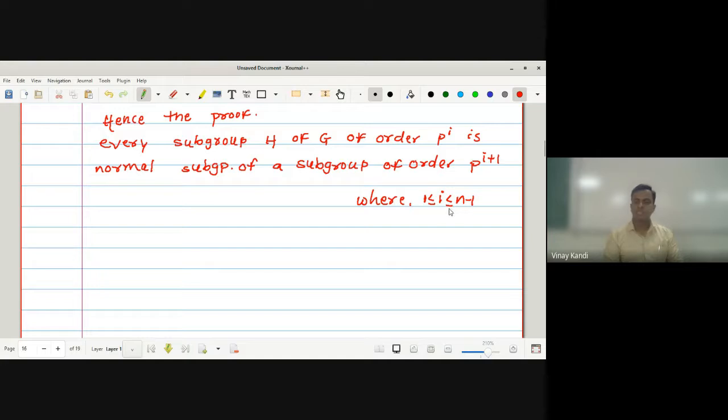If it is less than or equal to, then n minus 1; if only less than, then n. Okay, so this is the proof of the theorem. So this is the first Sylow theorem.